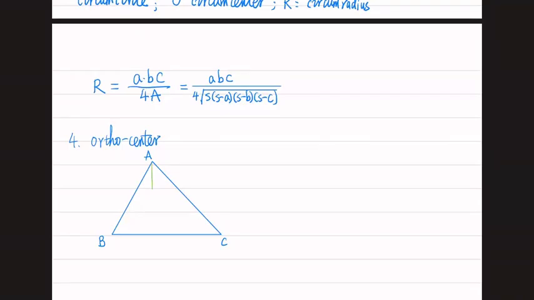Let's draw a perpendicular line. This is one altitude. Let's draw another perpendicular line.